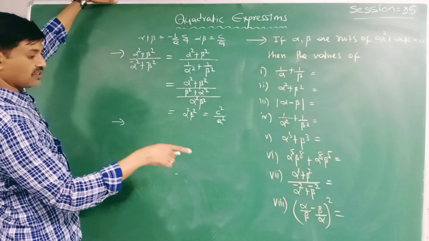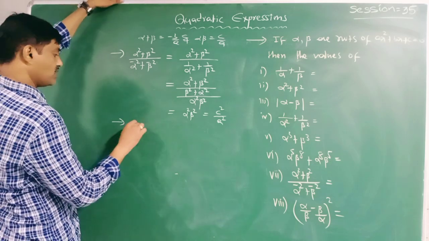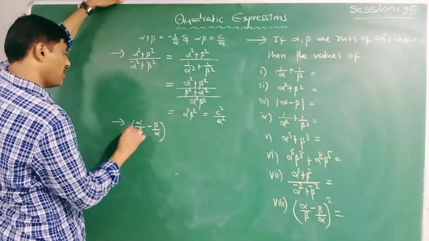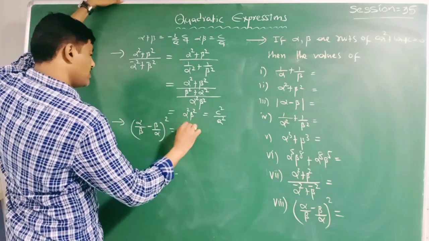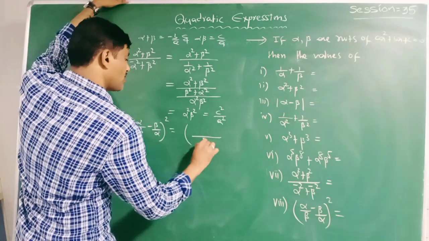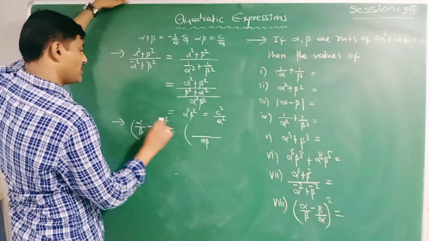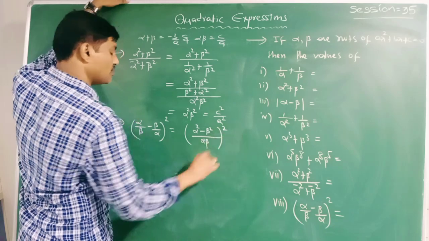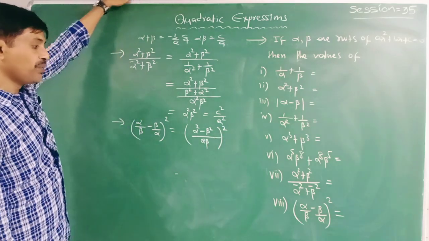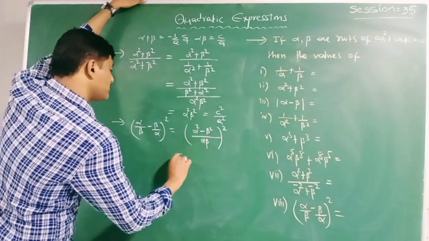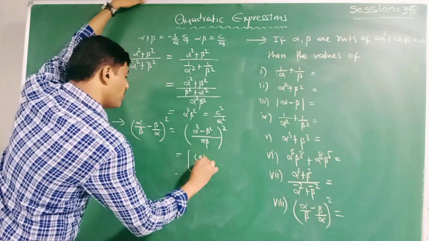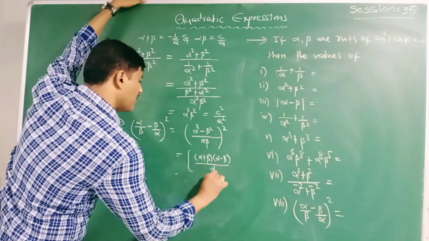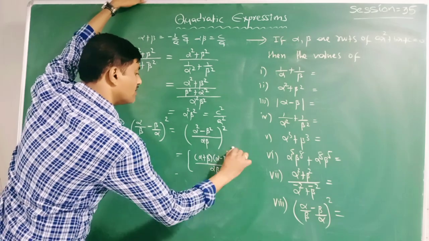Okay, now move on to the last question, which is (alpha by beta minus beta by alpha) whole square. First take the LCM. The LCM is alpha beta: alpha into alpha, alpha square minus beta square, whole square. What is alpha square minus beta square? That is (alpha plus beta) into (alpha minus beta) by alpha beta, whole square.